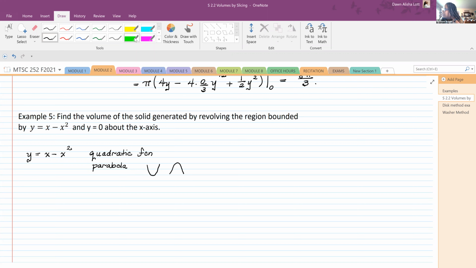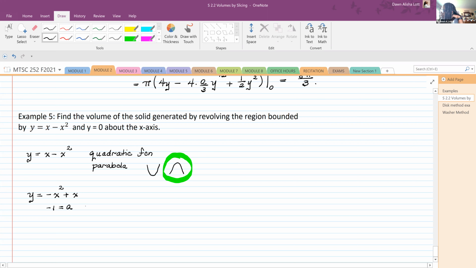So it is definitely going to be this one because it is y is equal to the negative x squared plus x. So the negative 1, which is our a, makes it upside down. So it is facing down. Okay, so good. Anything else you want to tell me about it to help us draw this thing?